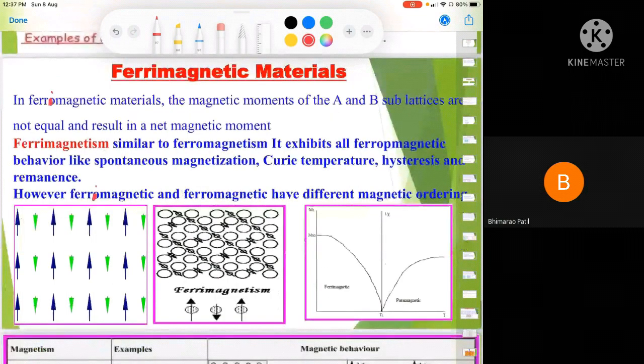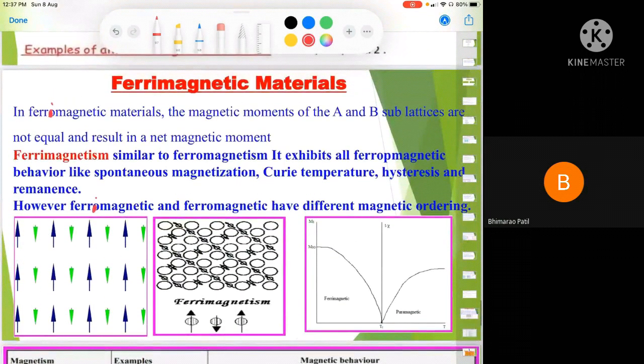Here you see in the first figure, in ferrimagnetic substances, the blue color is a direction in the upward direction and the green color in the downward direction. Here you see the green arrows are small ones and the blue arrows are strong ones. That indicates that the upward sublattice, the blue one, shows higher magnetism as compared to the other.